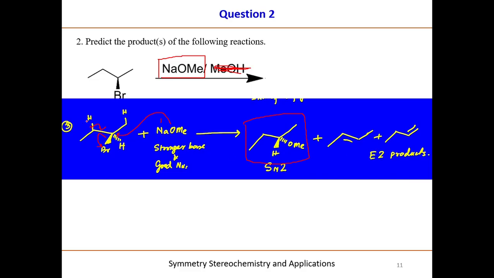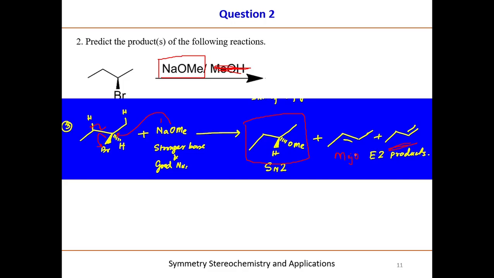The other possibility is that it can abstract the proton from this primary carbon atom and give the other E2 elimination product. Of these two products, this one will give the more yield, so we call it the major product, and the second one will be the minor one.